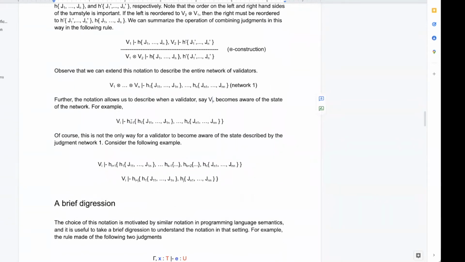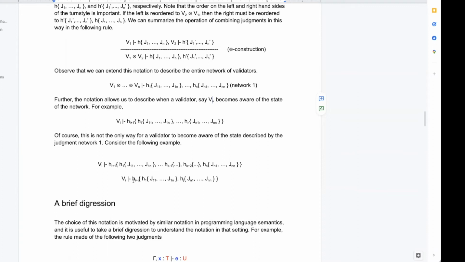As I was saying, there are other ways for VI to become aware of a state like this. So you could imagine that at height h+1, this block is missing two justifications, right? So we have hk and hk+1 are not present in this justification.